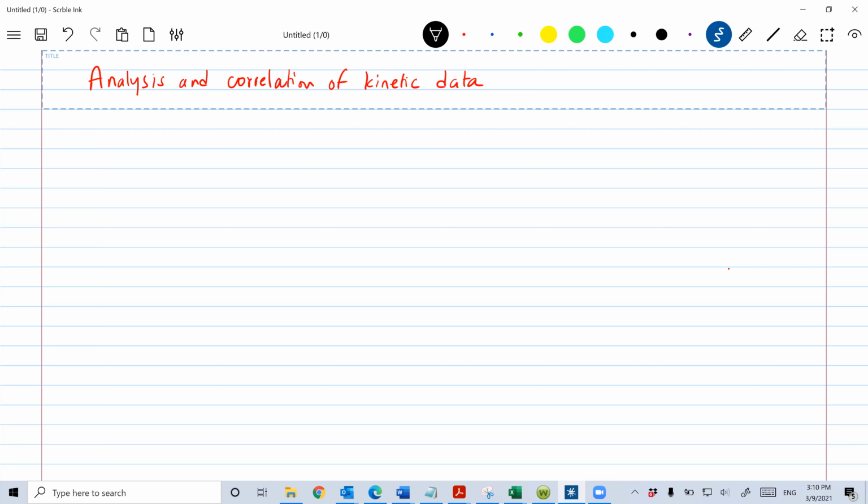So the question is, if we derive or postulate a rate expression, how do we check it against data?